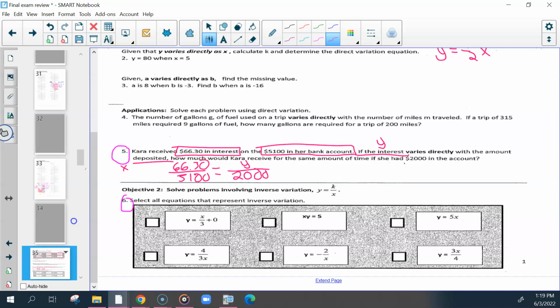To solve this, we're going to cross multiply. y equals 132,600. Then if we divide both sides by 100, y is 26.